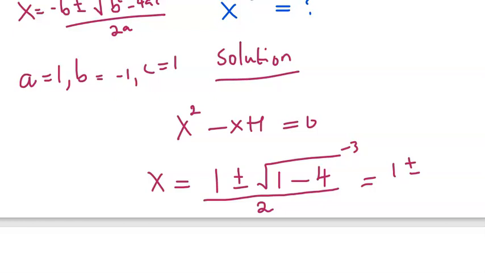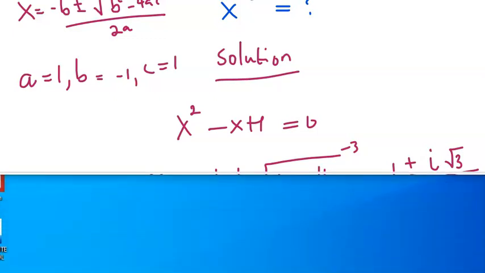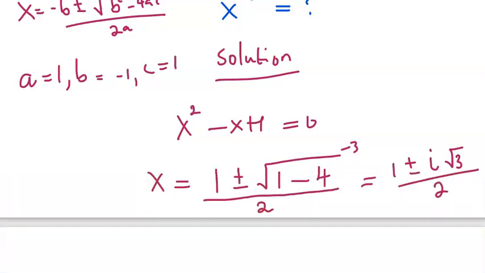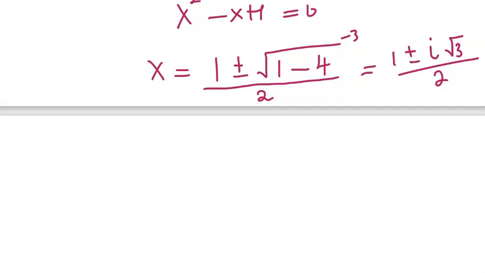The square root of negative 3 is i root of 3, then divided by 2. So we have the following solutions for x: x is equal to 1 plus or minus i root of 3 divided by 2, which is complex, right?